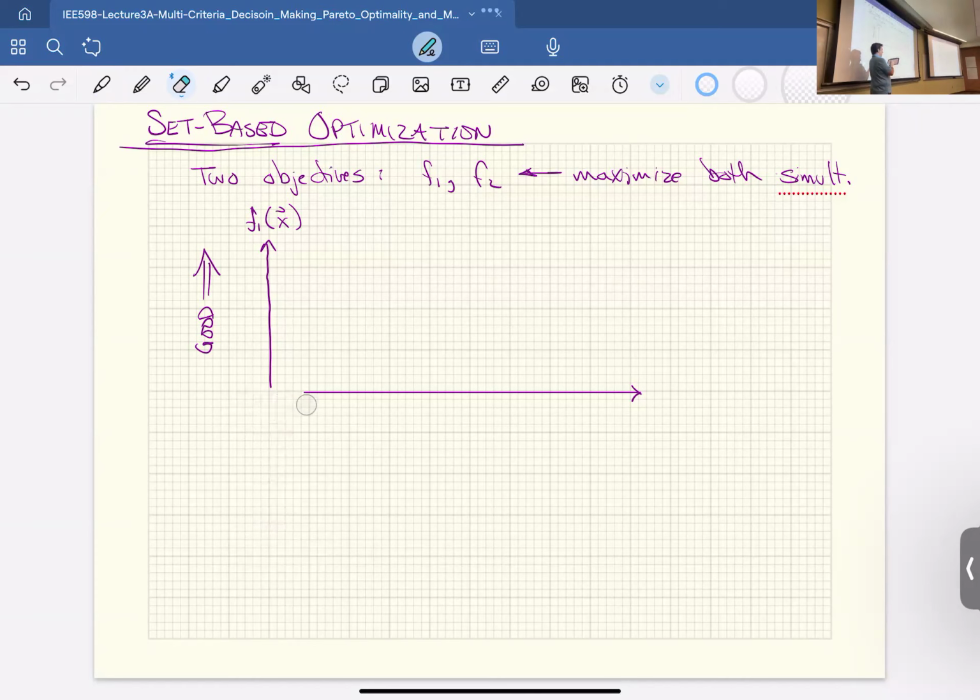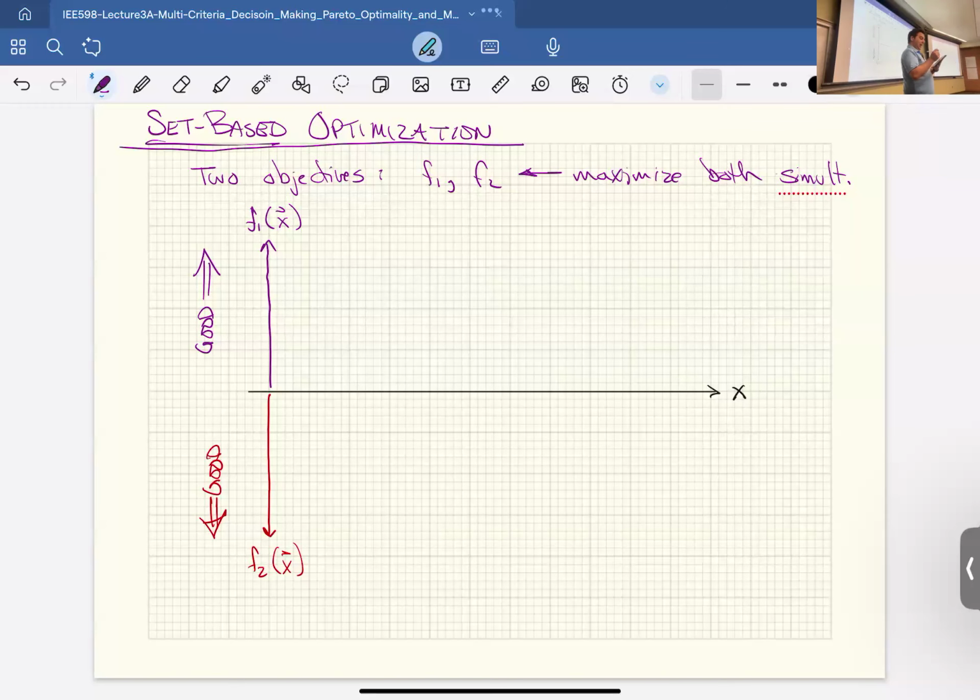I'll make this also a different color. So the x-axis I'll make black. Maybe the negative y-axis I'll make red. And so it's good to be in this direction. And just call this x. So it's a simple scalar value here.